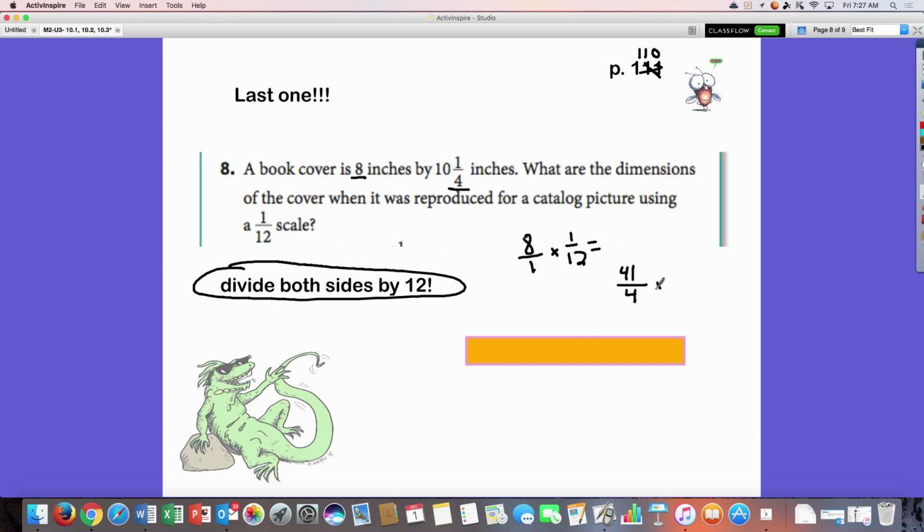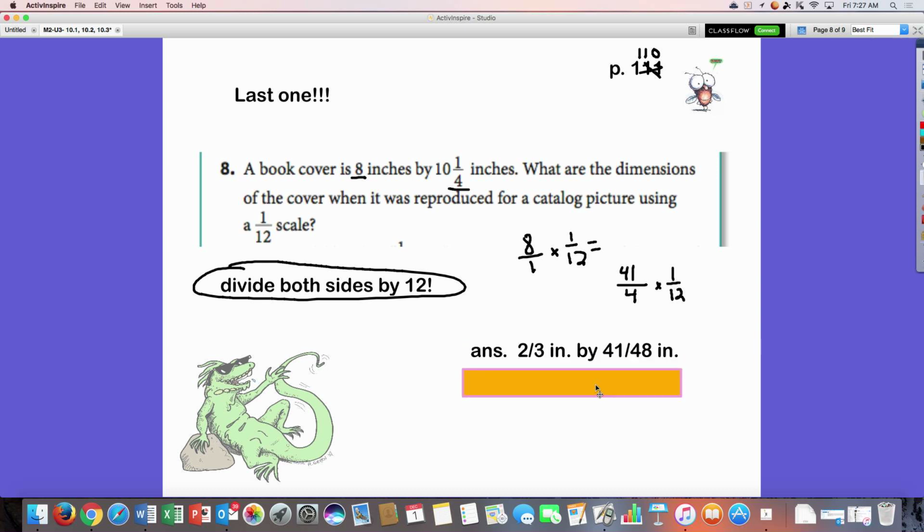We're going to multiply both those by 1/12 scale to get the dimensions of the book. And in my super mathematical brain, the answers are 2/3 inches by 41/48 inches. And all I did was 8 times 1, 1 times 12. Reduce that fraction, I got 2/3. 41 times 1, and 4 times 12 is 48.